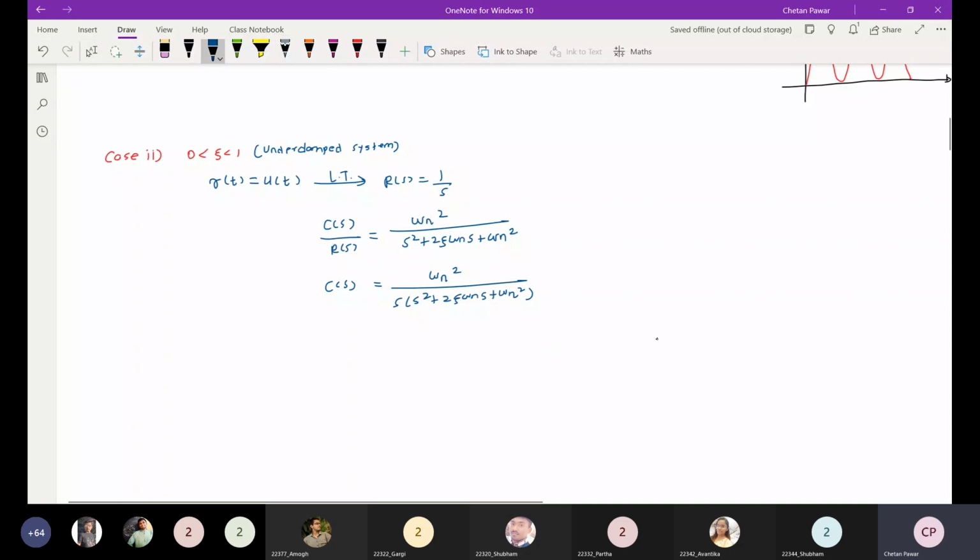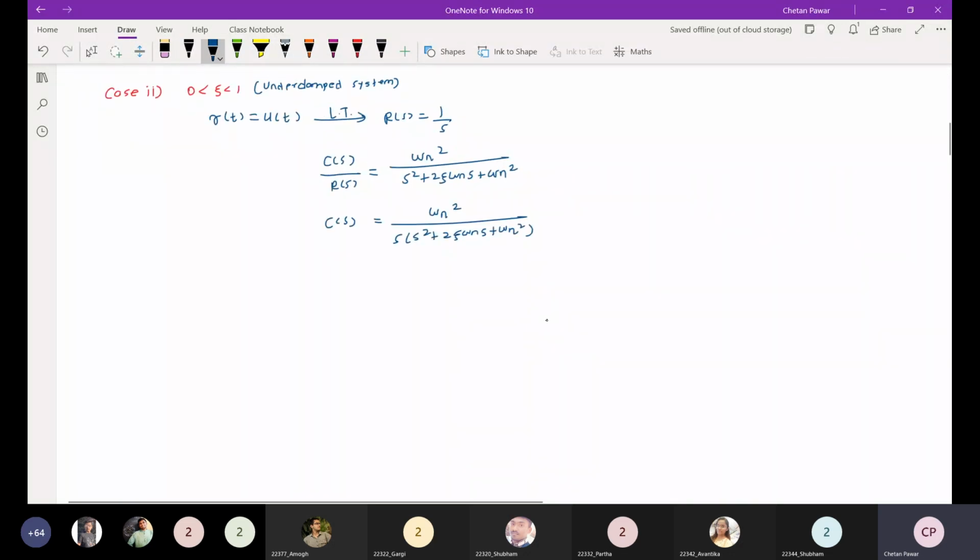Now in the last lecture we have solved the roots for this particular equation. Those roots are complex, right?